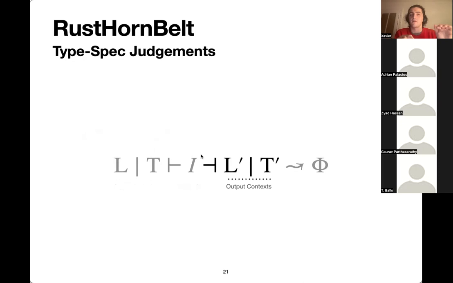Because we're talking about verifying an imperative program here, and because of some specific technical choices in RustBelt, all of our instructions are mappings from inputs to outputs. So we always produce an output context from an instruction. It basically says, what is the state of the memory after we do this instruction? So for example, if we created a borrow, the output context would have this new borrow inside of it. So the output context is structured in the same way as the input context.